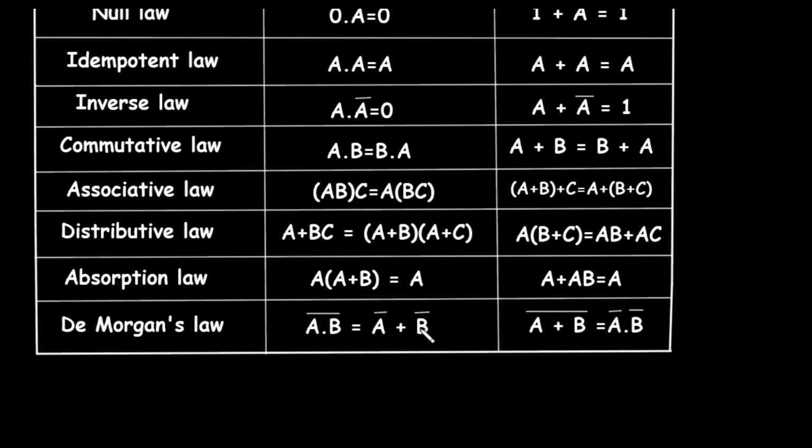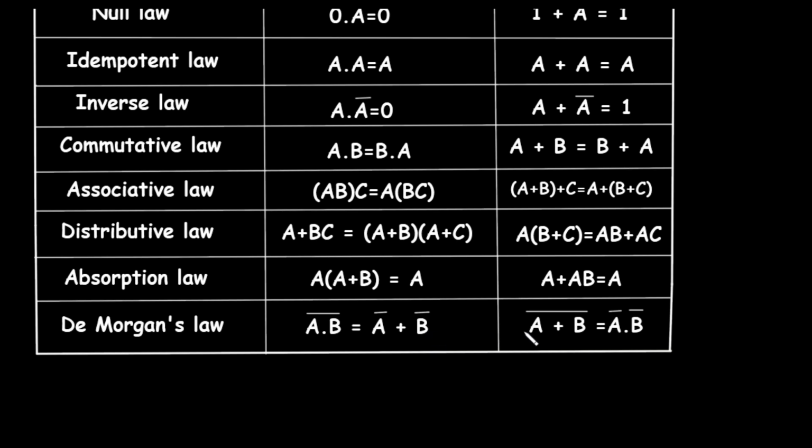So first law, here we can see overline of A dot B is equal to A bar plus B bar. To negate an AND statement, you negate each part and change the AND to an OR.